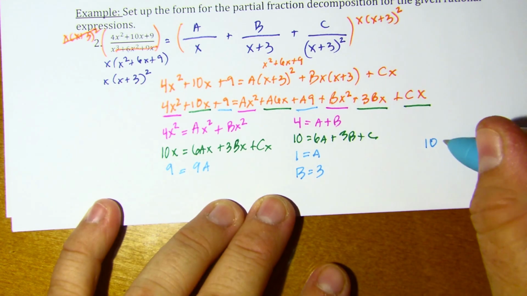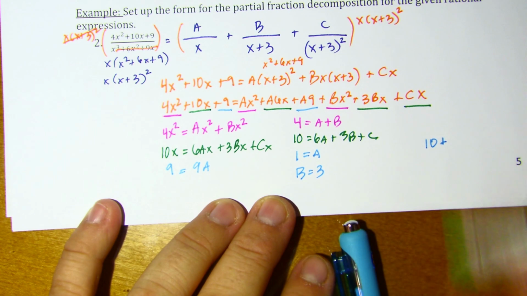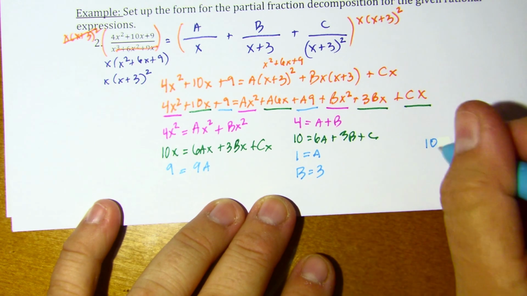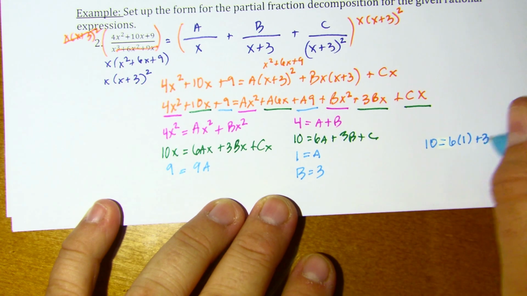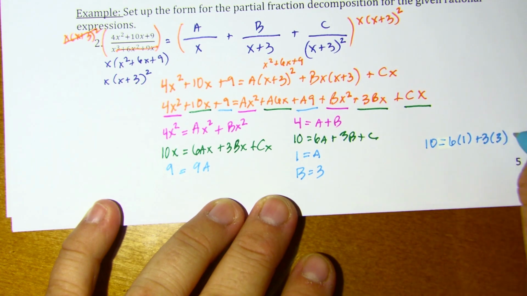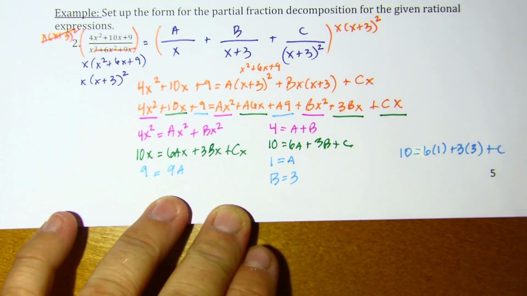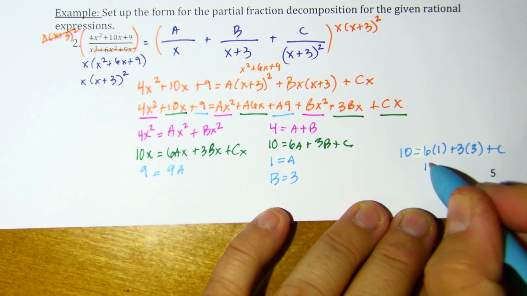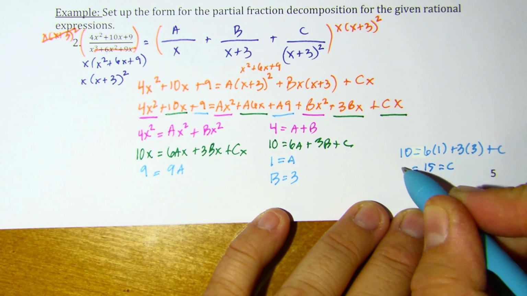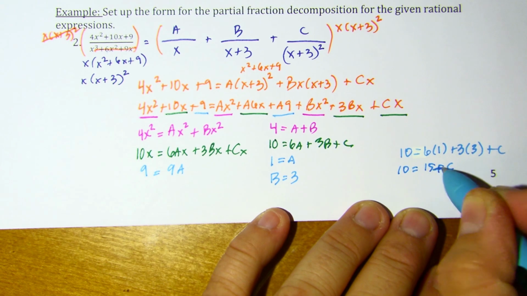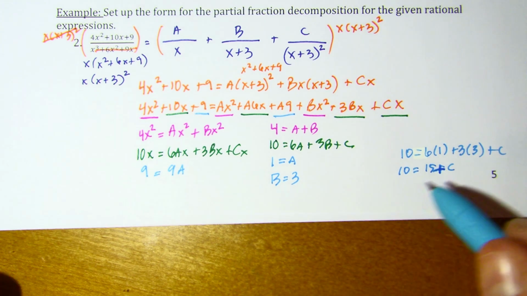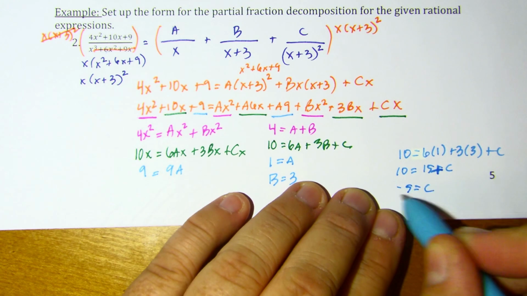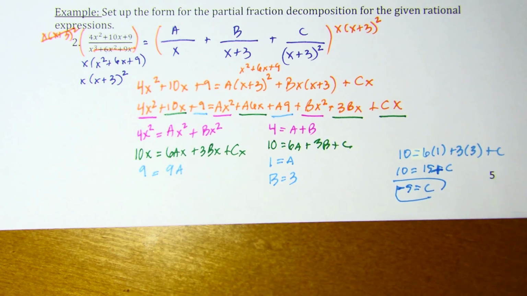So 10 equals 6 times a, which is 1, plus 3 times b, which is 3, plus c. Well, 6 plus 9 is 15. That's a plus sign, not an equal sign. So we have 9 plus 6 is 15 plus c, subtracting 15 from both sides. c equals -5.